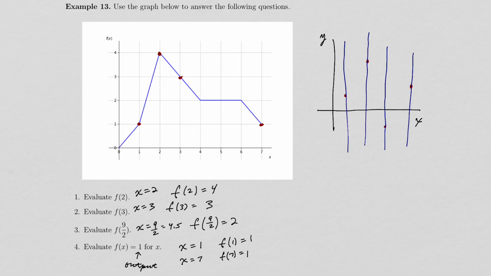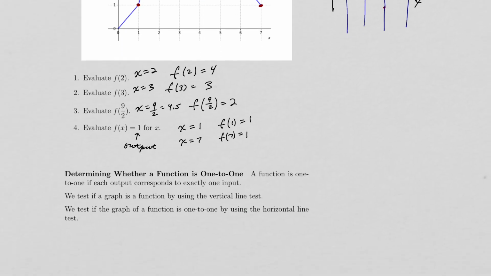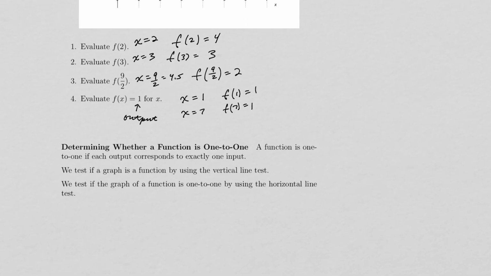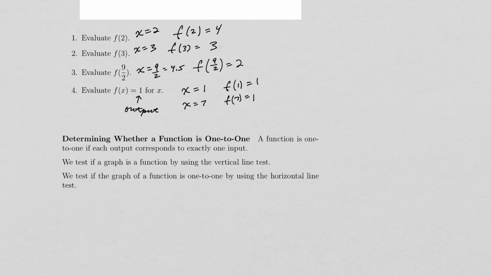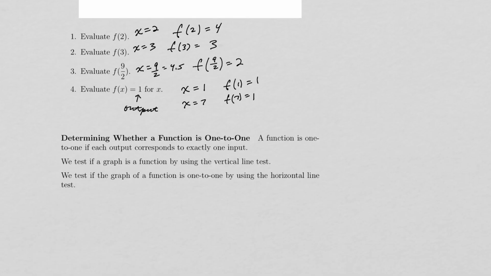All right. So those are functions. Now there's a special type of function which is called a one-to-one function, which is defined here. We're going to talk more about this in a special section later on in chapter 3.